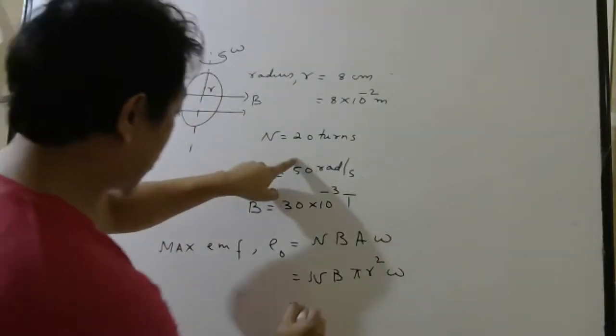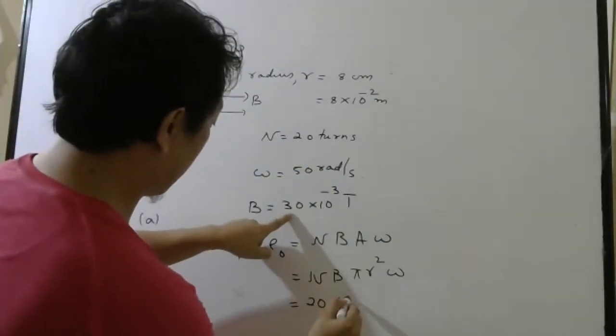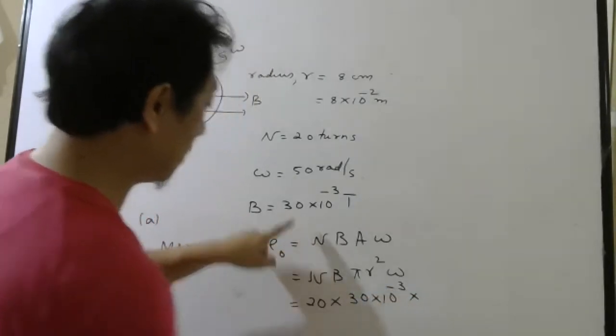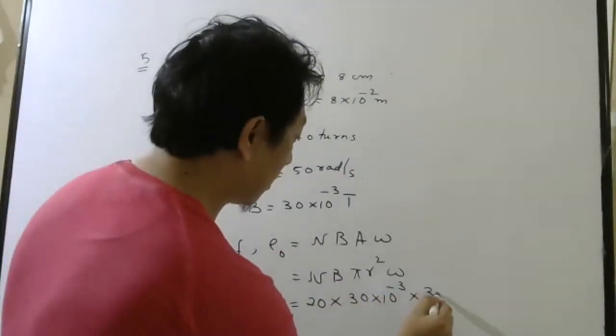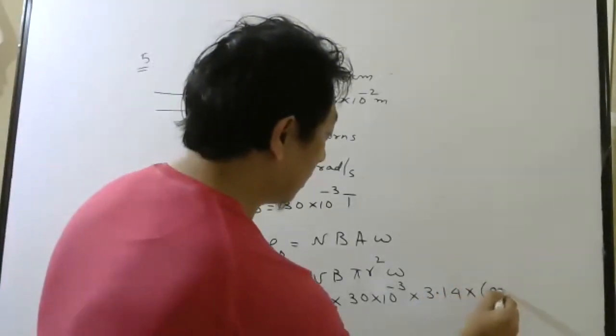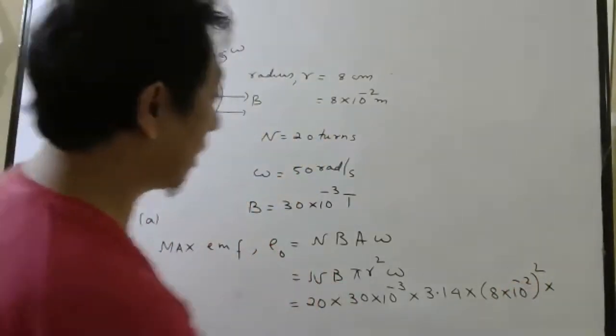Number of turns is 20. Magnetic field is, I can write 30 into 10 power minus 3. Pi value I can write 3.14. Radius is 8 into 10 power minus 2 square. Omega is 50.